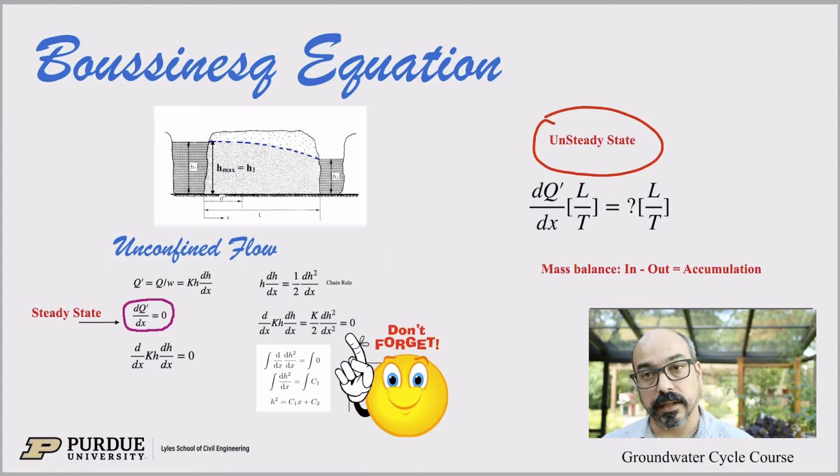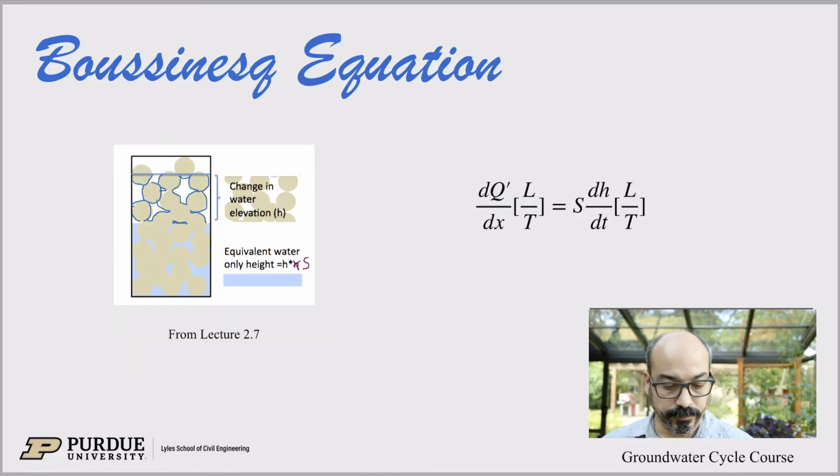what we're basically looking at here is going back to our mass balance lectures and figuring out in minus out equals accumulation. So what is that accumulation term of that unsteady state? Where is the water going? And again, we have to take a little detour. We already talked about this before, lecture 2.7 here.